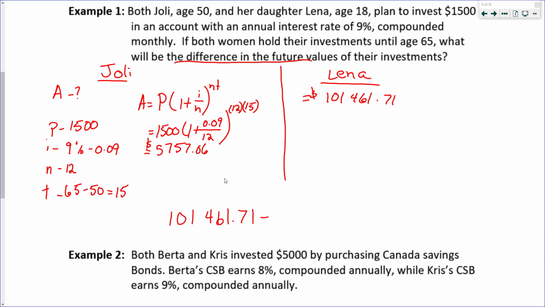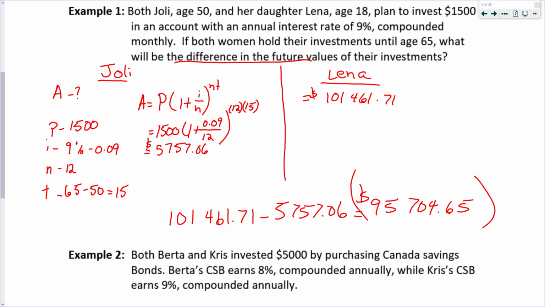So take the $101,461.71 minus 5,757.06. And we end up with $95,704.65. And so that is the difference. So yeah, Lena is going to make the more money because hers goes for 47 years, whereas Jolie's only went for 15.